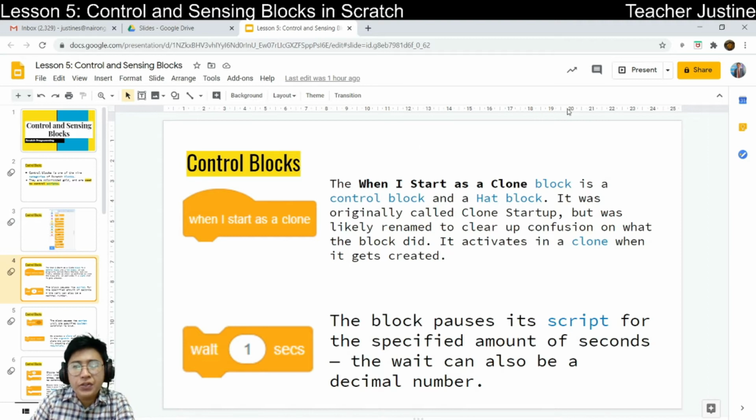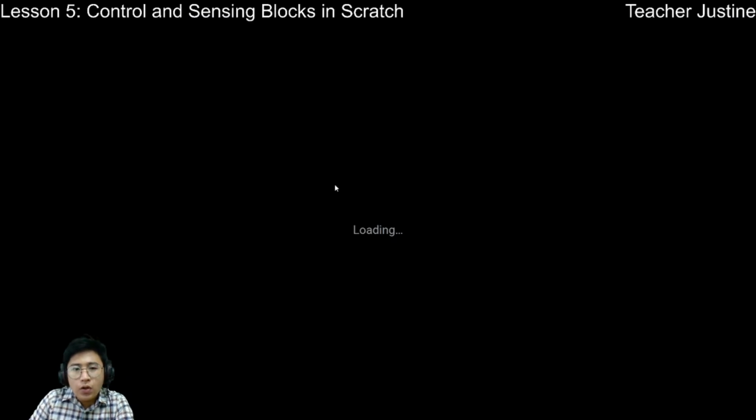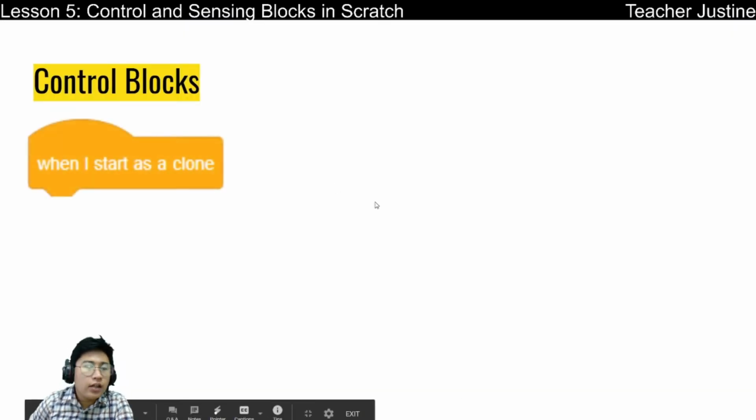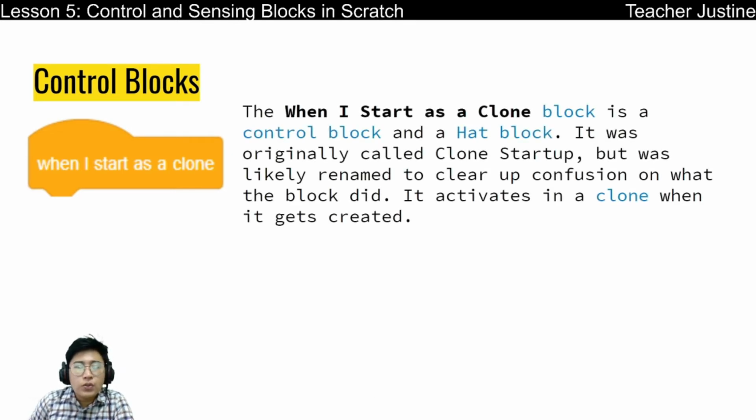So the first code is when I start as a clone. This block is a control block and a hot block. Hot block means it should be on top of the codes. That's why it's called a hot block.